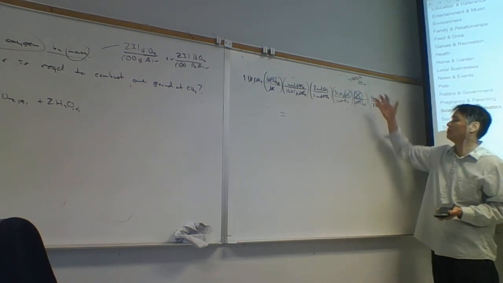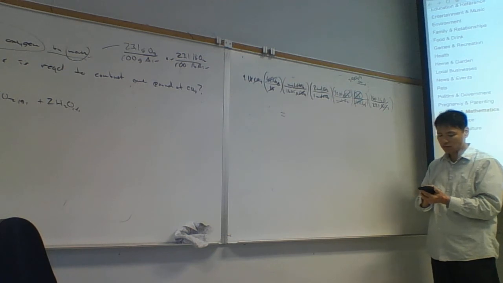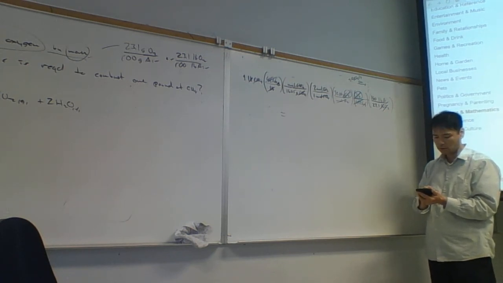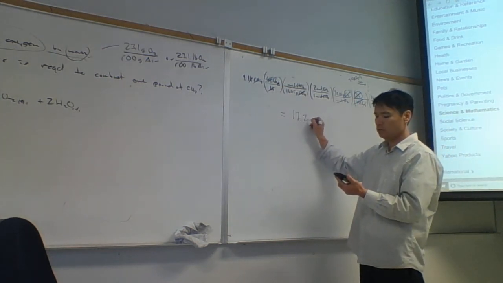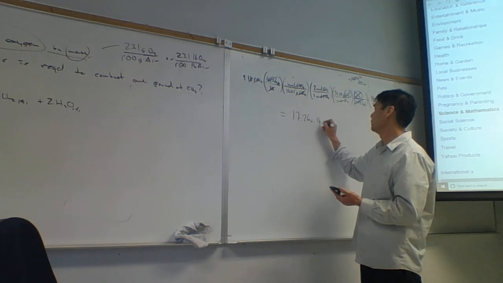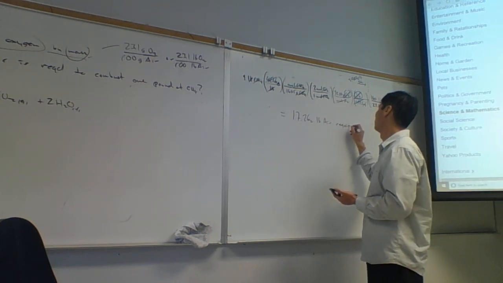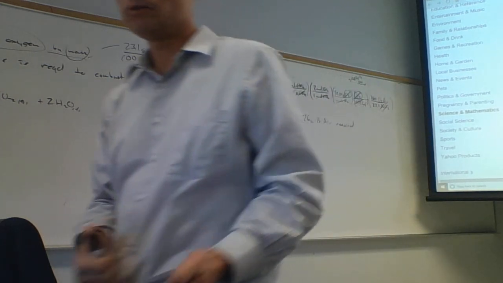But since we're not using pure oxygen, we're using air, we're going to need more than that. So this is going to be times 100 divided by 23.1, which gives us 17.262 pounds of air required.